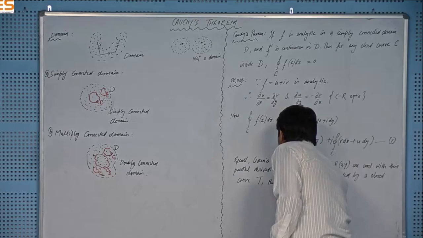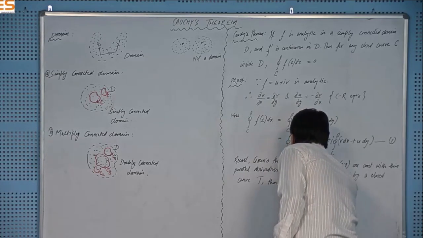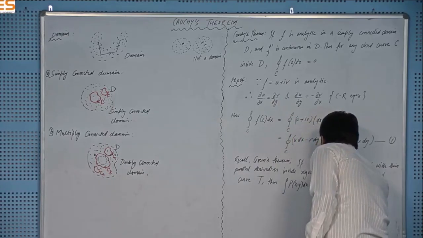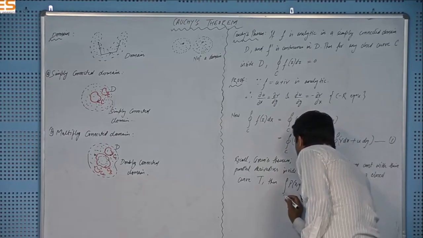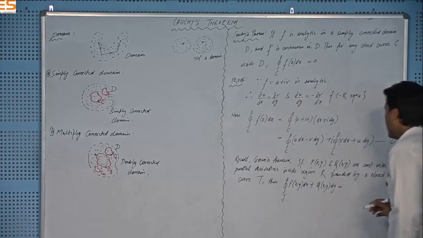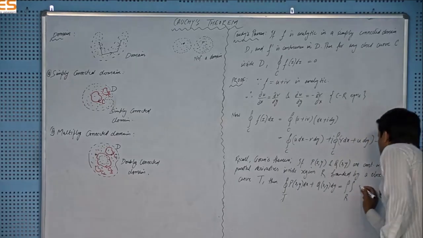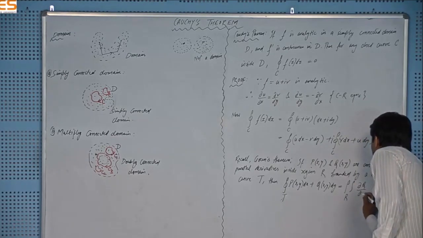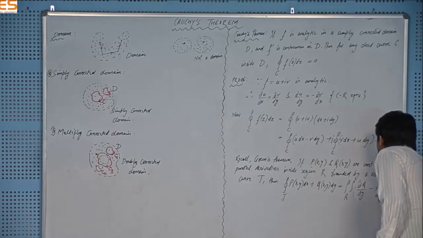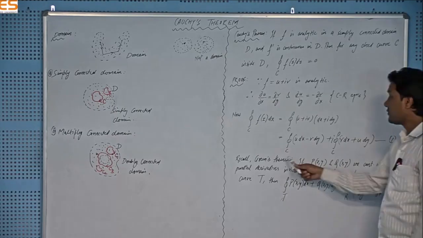Then the integration of p(x,y) dx plus q(x,y) dy, the line integration along T, is equal to the double integration along the region R of del q over del x minus del p over del y dx dy, right? So this is a statement of Green's theorem.